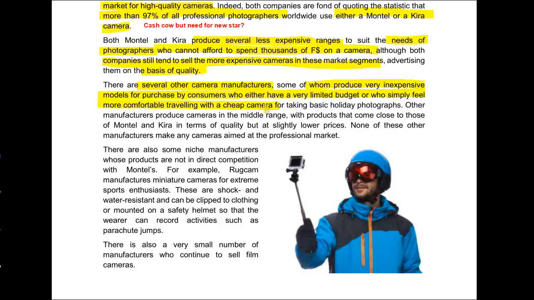And so Montel could acquire them and perhaps add a spin between the pros of that inexpensive model and some Montel quality, and come up with a product that can compete with the smartphone in a very specific way, perhaps being really low cost as well as really high quality.